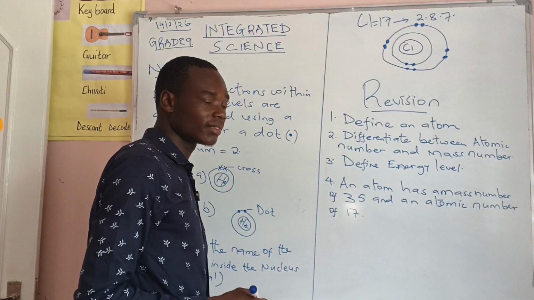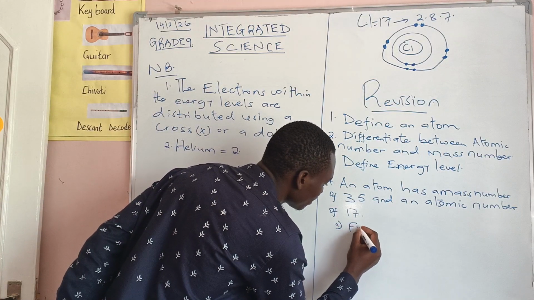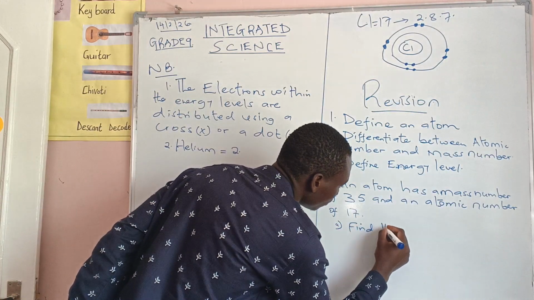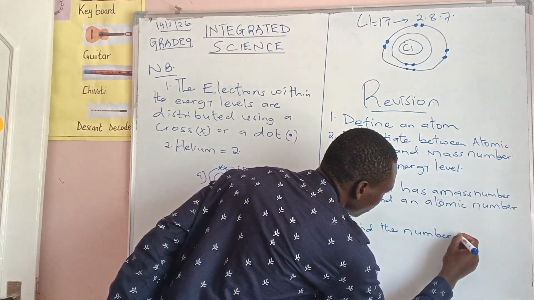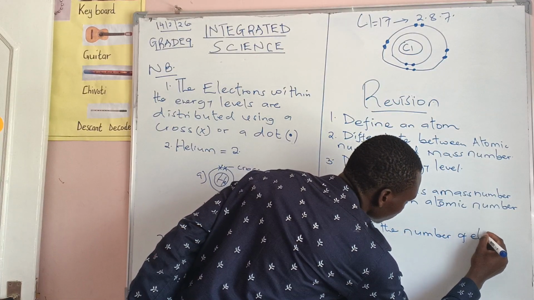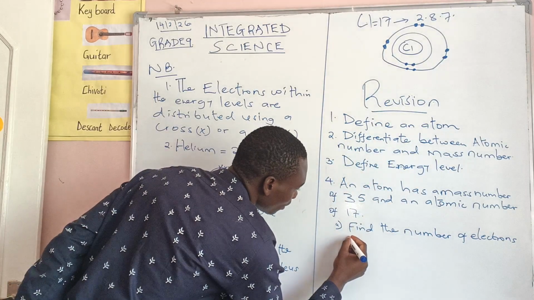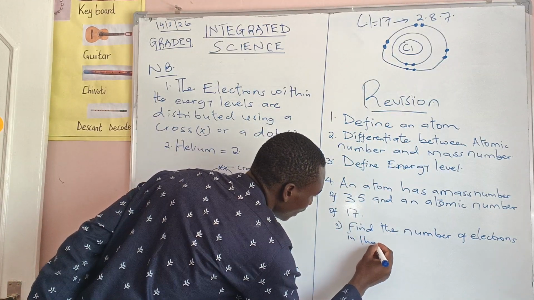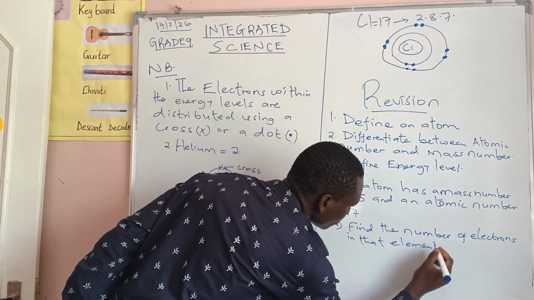Full stop. Question A. Find the number of electrons in that element or atom.